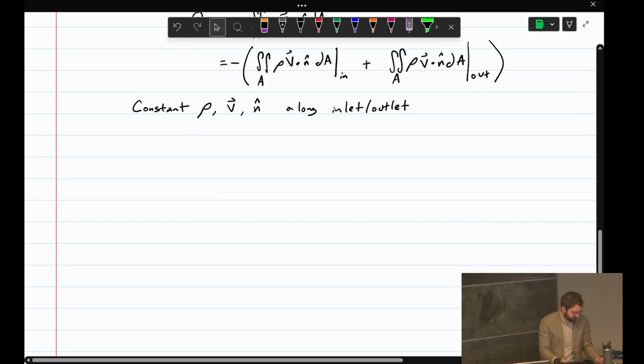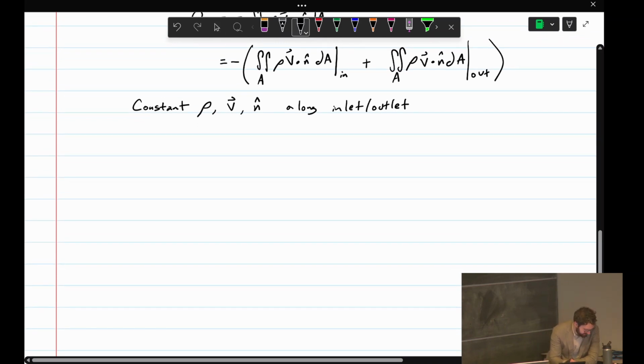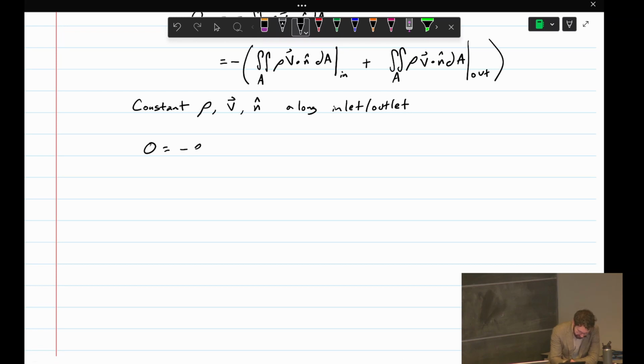Okay, so our area integrals are going to become much simpler now. We have 0 is negative rho v dot n hat at the inlet minus the same at the outlet.